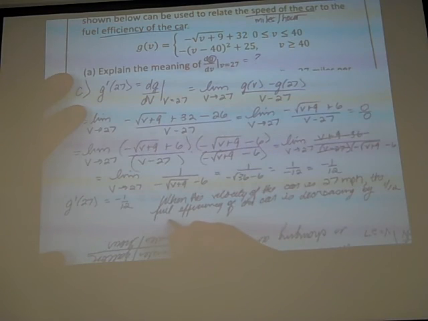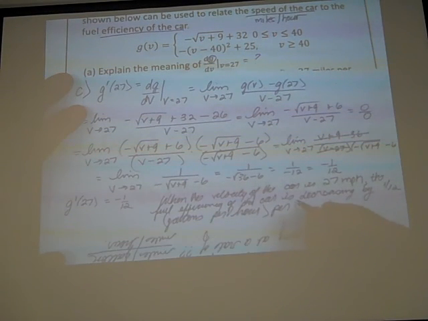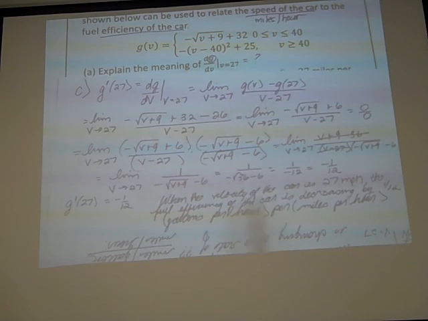Units for G are gallons per hour per, so gallons per hour per miles per hour. So one more time. When the velocity of the car is 27 miles per hour, the fuel efficiency of the car is decreasing by 1/12 gallons per hour per miles per hour.